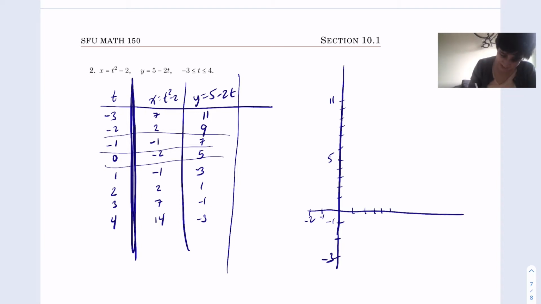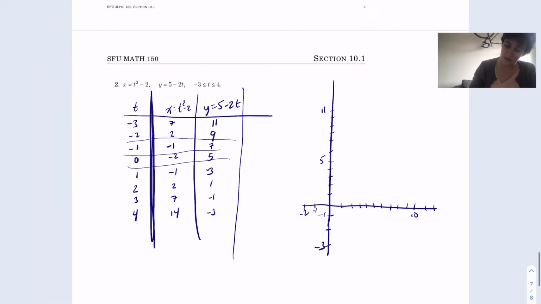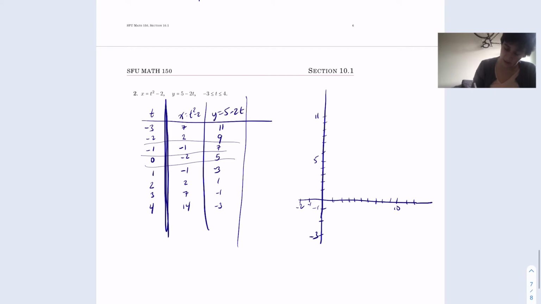I am running into my dead spot, so I am going to simply start at 7, 11, way up here.